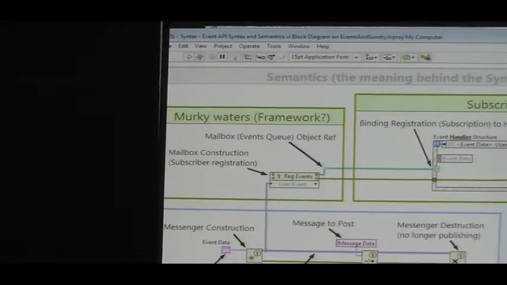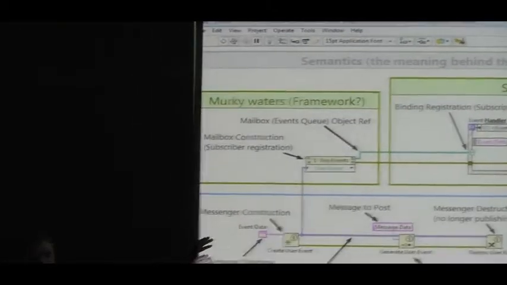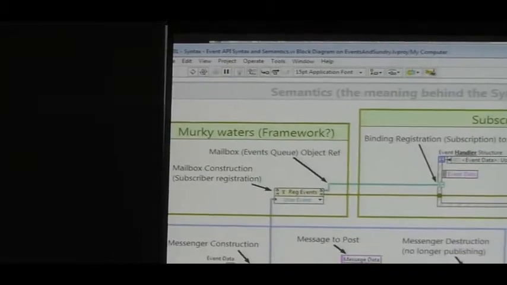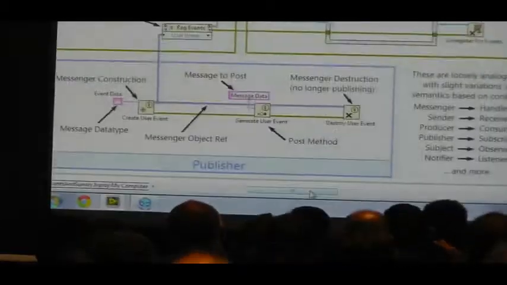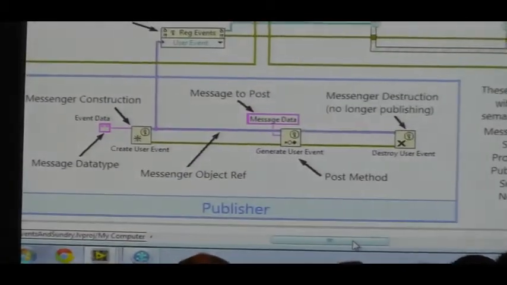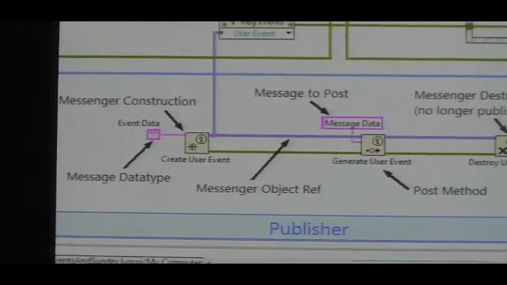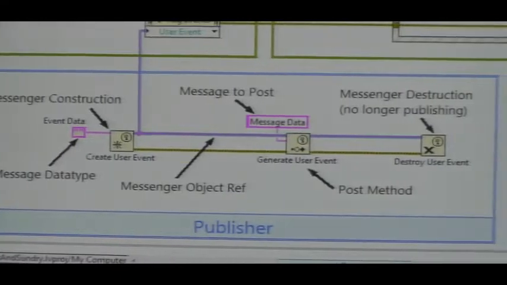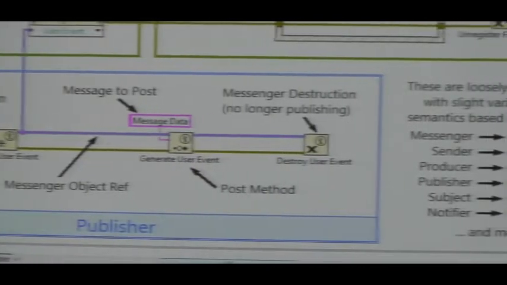So first of all, let's look at the lower right-hand portion of the screen. When I'm talking about different things that happen, I may use any one of these words: messenger, sender, producer, publisher, subject, notifier. Those are all loosely analogous. You use different ones in different contexts, but they mean roughly the same thing.